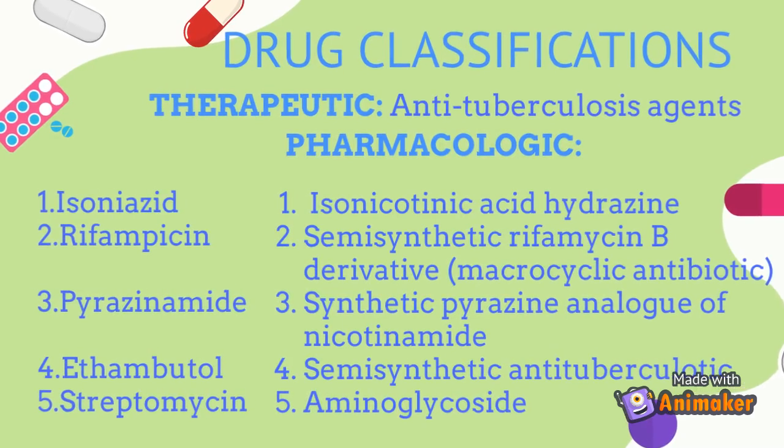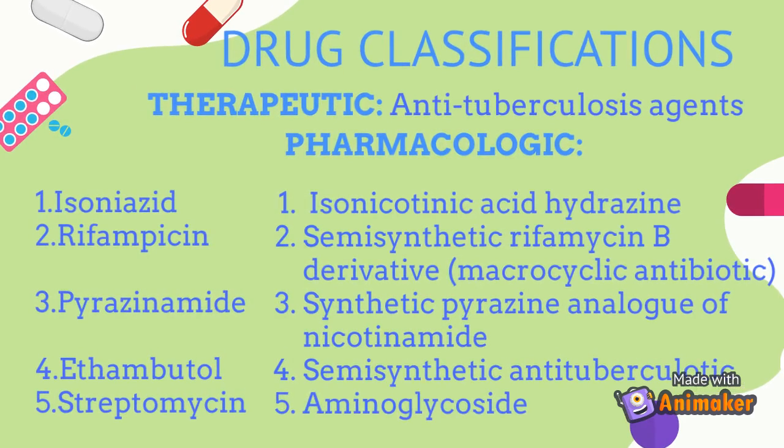So in terms of drug classifications, we are anti-tuberculosis agents in terms of therapeutic classification, and in pharmacologic classification, isoniazid is an isonicotinic acid hydrazide. Rifampicin is a semisynthetic rifamycin B derivative. Pyrazinamide is a synthetic pyrazine analog of nicotinamide.